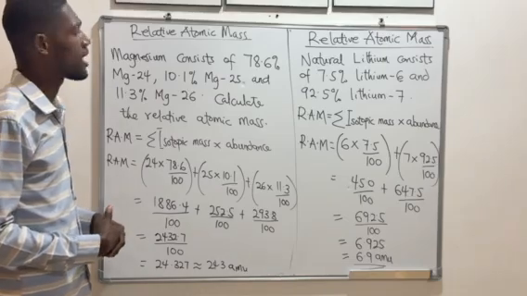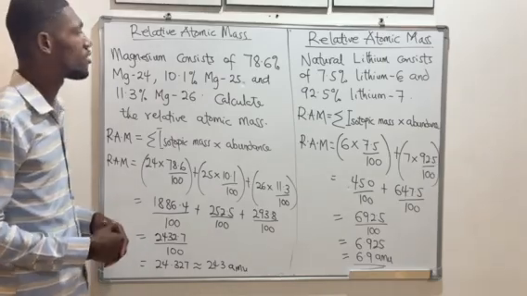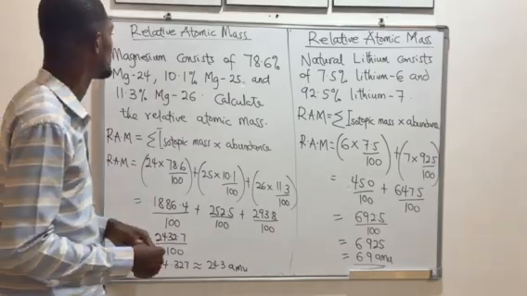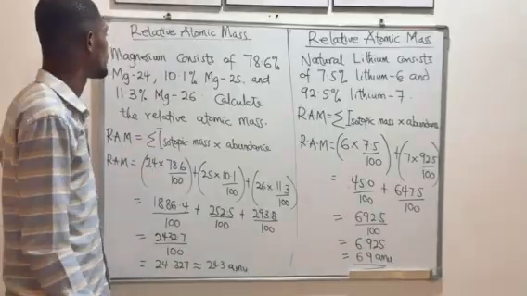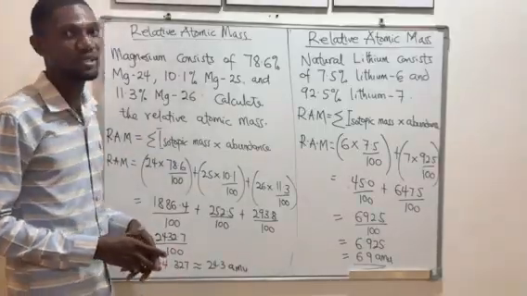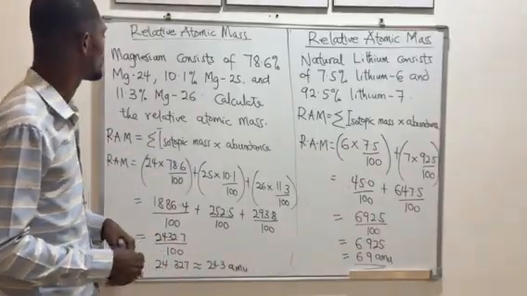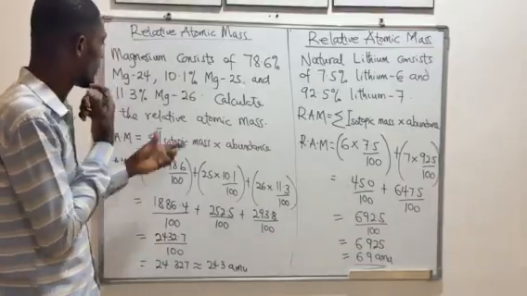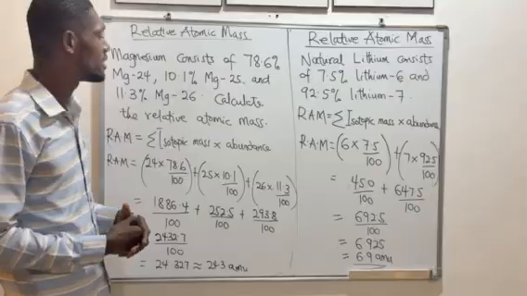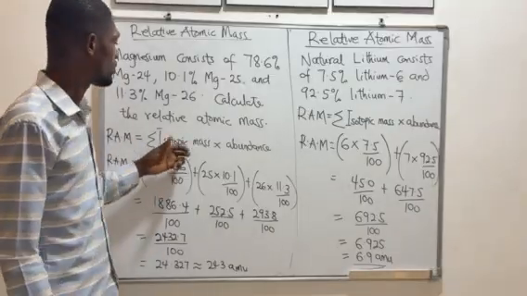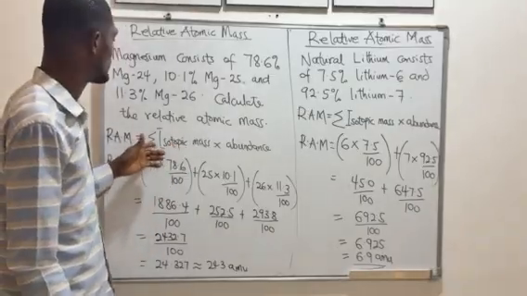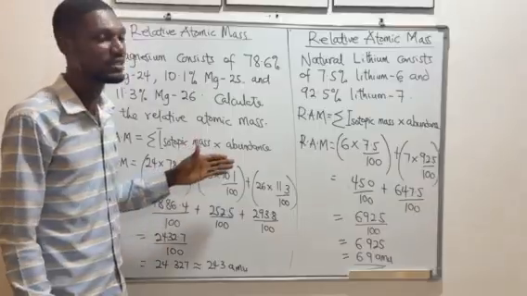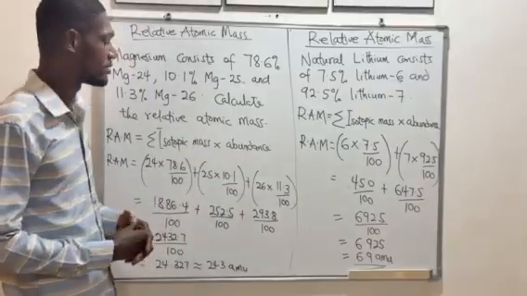We have magnesium consisting of 78.6% magnesium 24, 10.1% magnesium 25, and 11.3% magnesium 26. Now, how do we calculate the relative atomic mass? So we use the formula, the sum of the isotopic mass times the abundance.